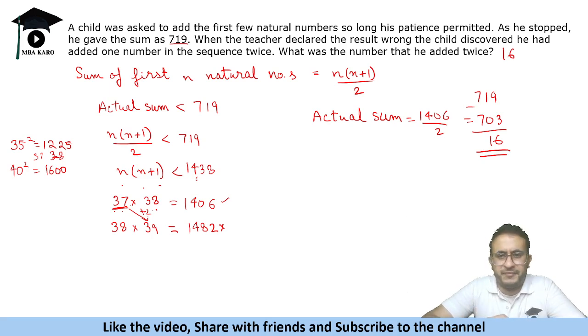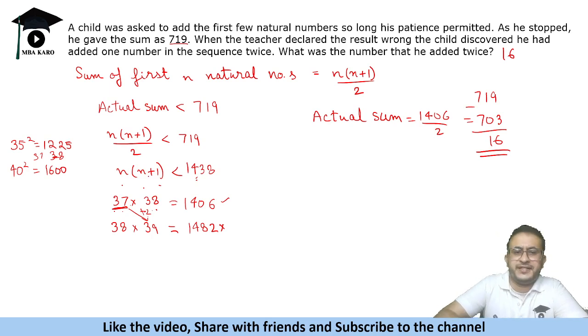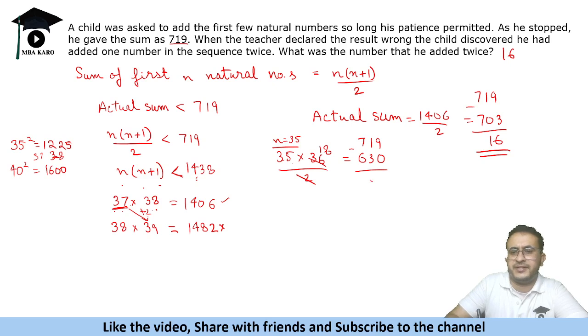Now some of you might be wondering, why did we take just 37? Why not a lower number? Suppose we take n as 35, because it is saying that it is less than 1438. So if we take n equal to 35, the sum will be 35 times 36 by 2, which is 630. And we are saying that he reported the answer 719.